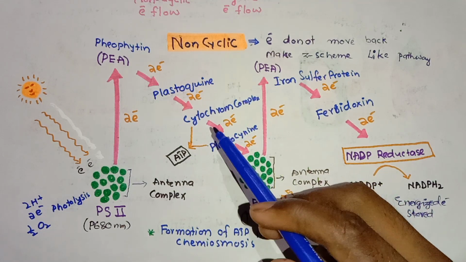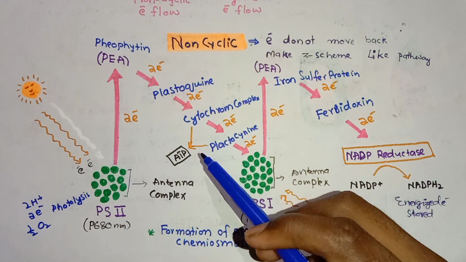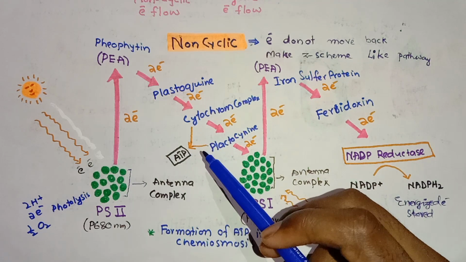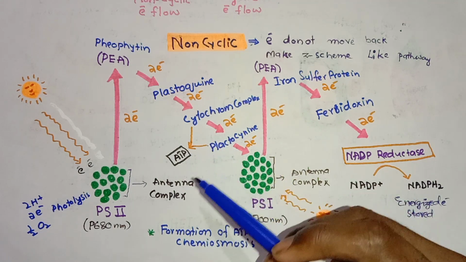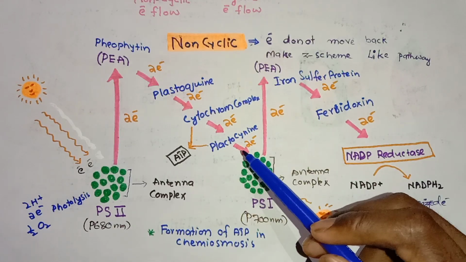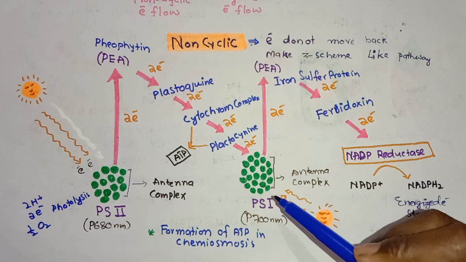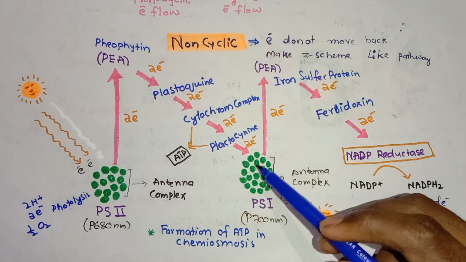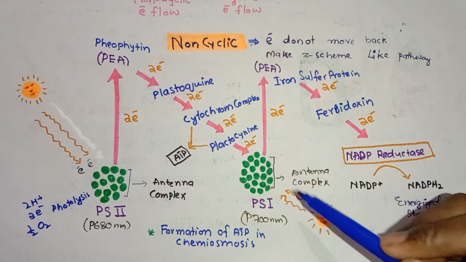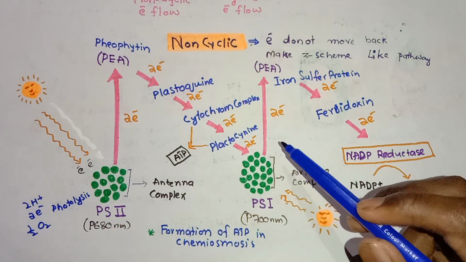Now here, between the cytochrome complex and the plastocyanin, one molecule of ATP is generated. How that molecule is generated, we will discuss. After the plastocyanin, the pair of electrons reaches PS1. Here the sunlight falls on it and the electron again goes to the excited state.